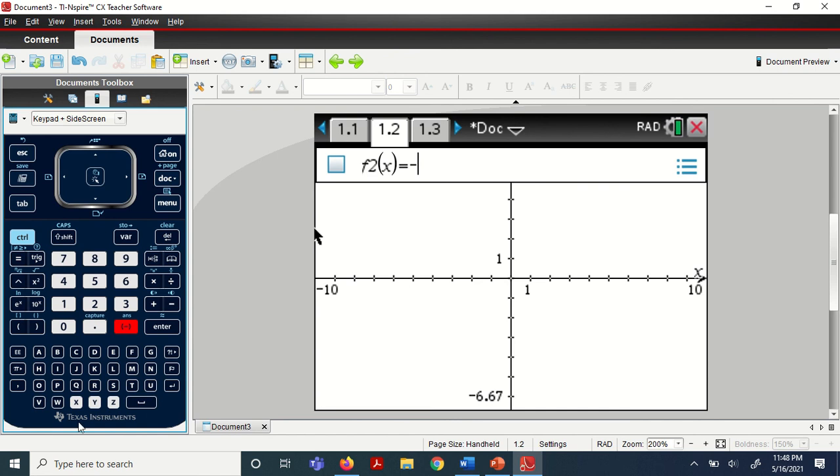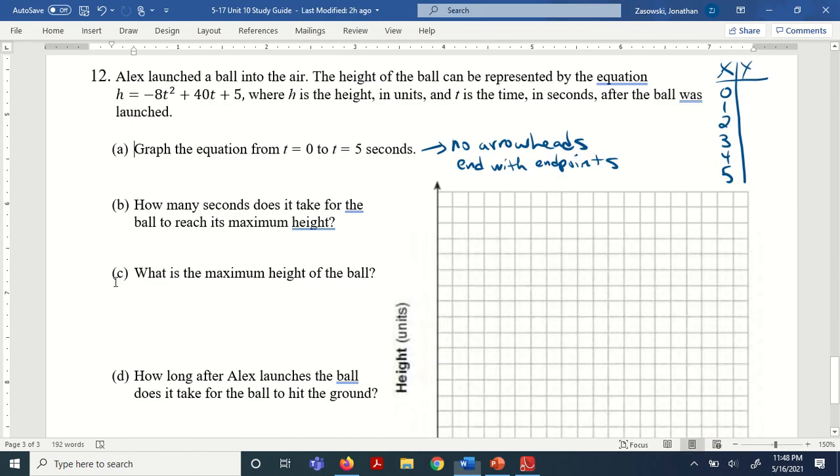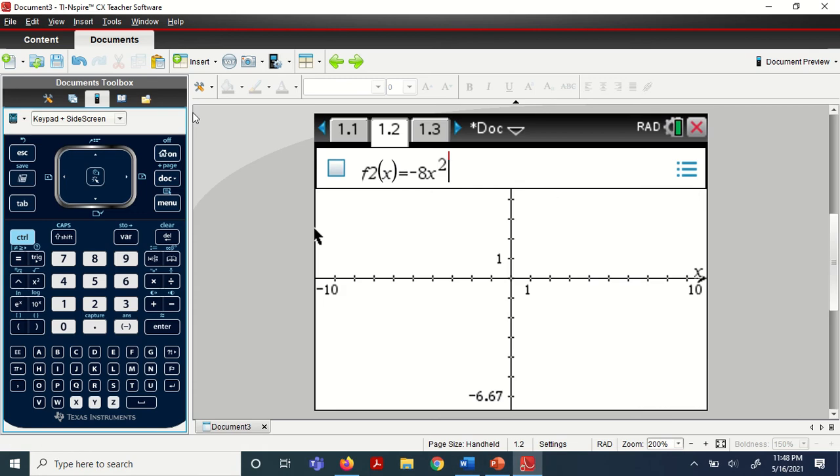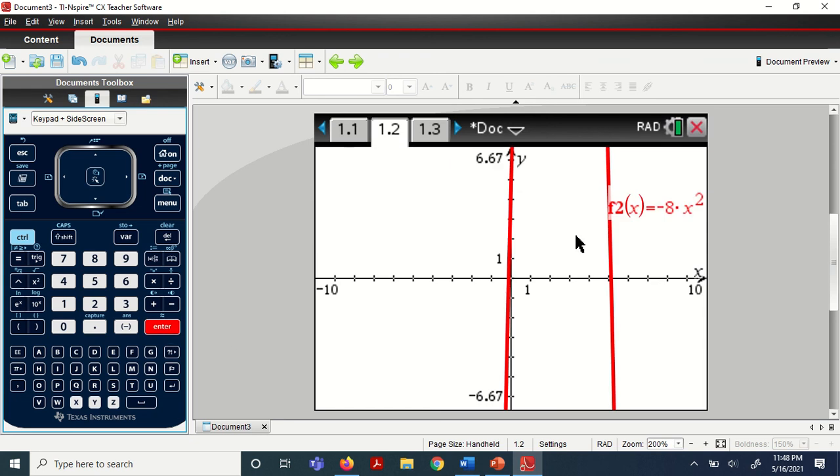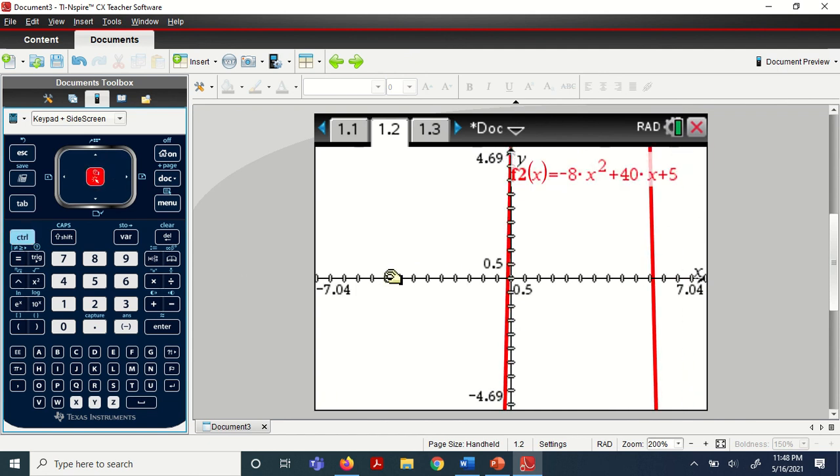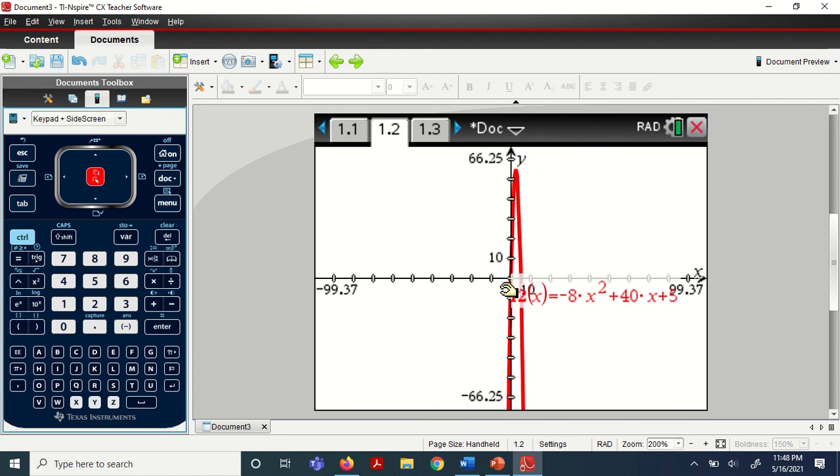So negative 8x squared plus 40x plus 5. Go ahead and hit enter to graph. Once again, I can't see, so we're going to do Control, and then we're going to click the button right in the middle to grab, and then we can go ahead and zoom in so we can see the vertex.